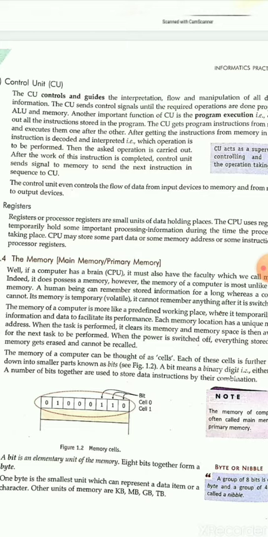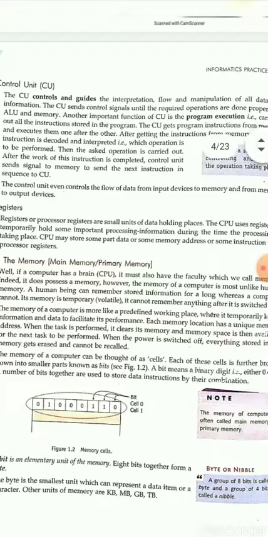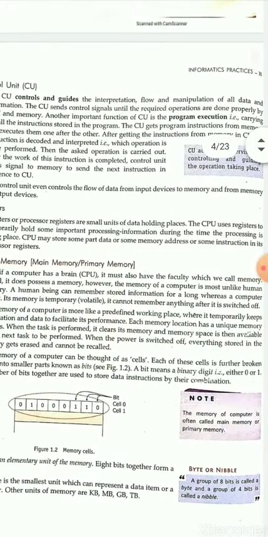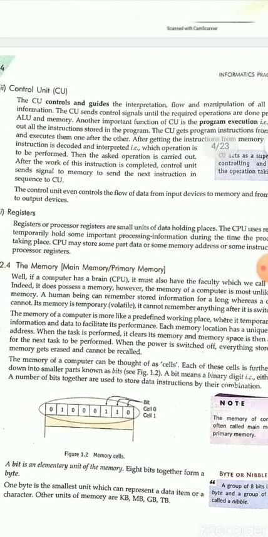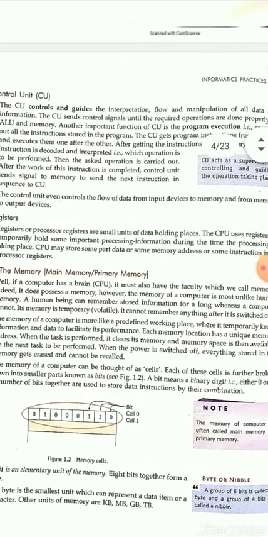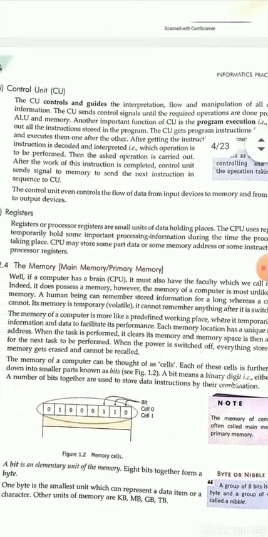Then after, memory, main memory. Well, if a computer has a brain like CPU, it must also have the facility which we call memory. Indeed, it does possess a memory. However, the memory of a computer is most unlike human memory.